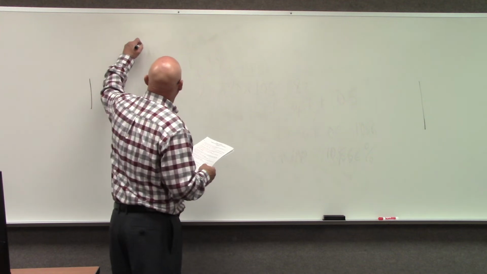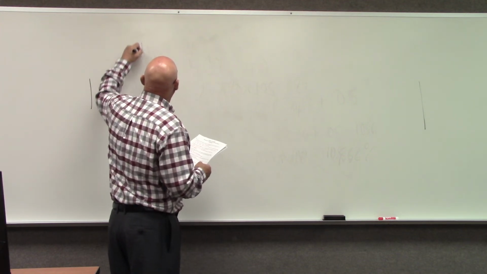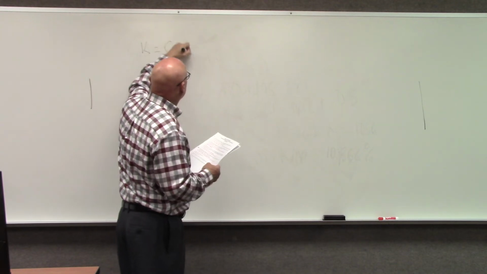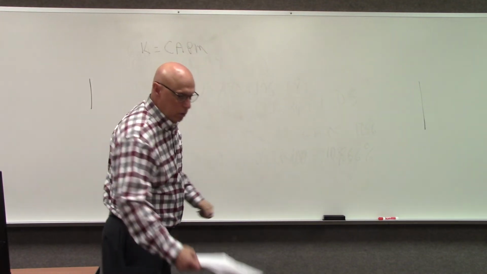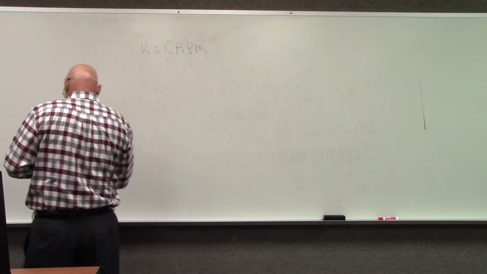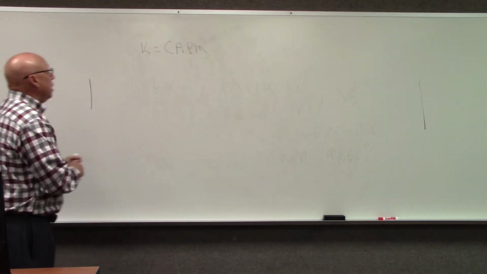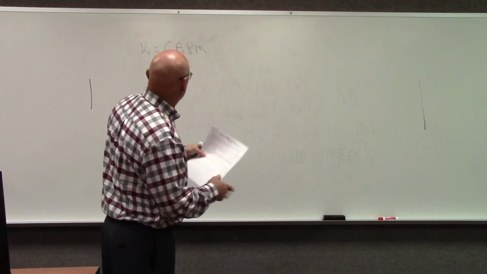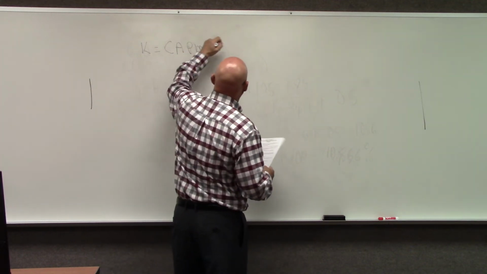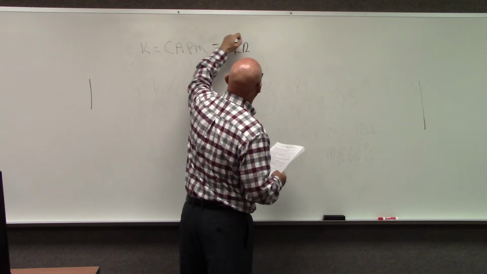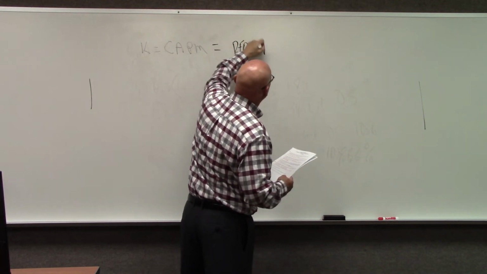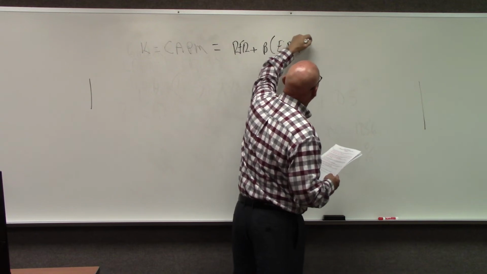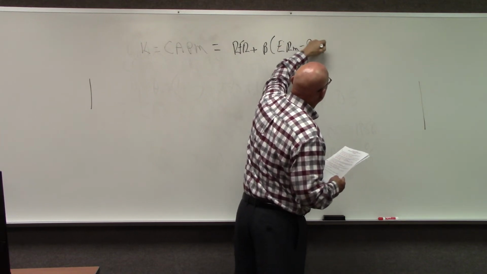So K equals CAPM, which is equal to the risk-free rate plus beta times the expected return for the market minus the risk-free rate.